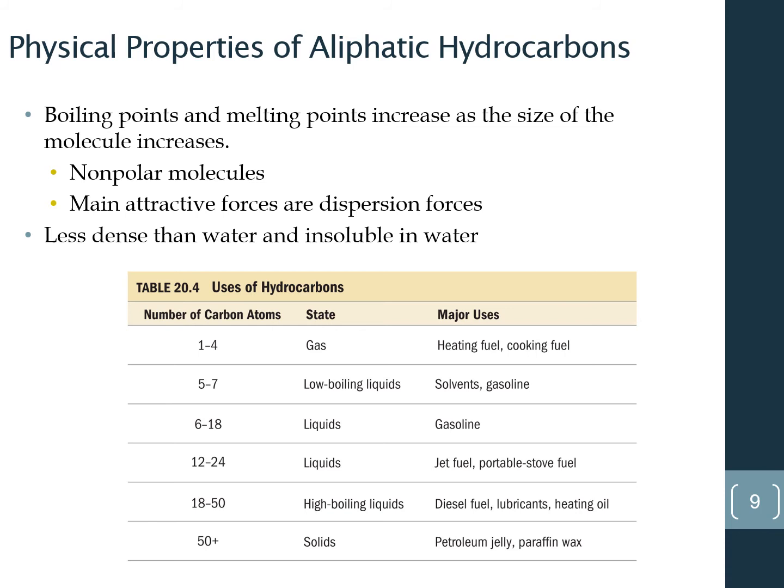In general, your hydrocarbons, the boiling points if they're liquids, the melting points if they're solids, are usually low. And as the size of your compound increases, so do the boiling points or the melting points.